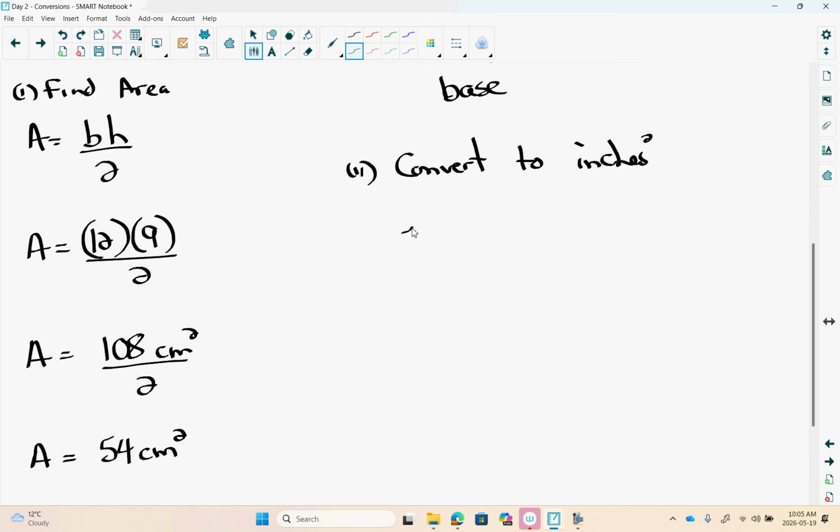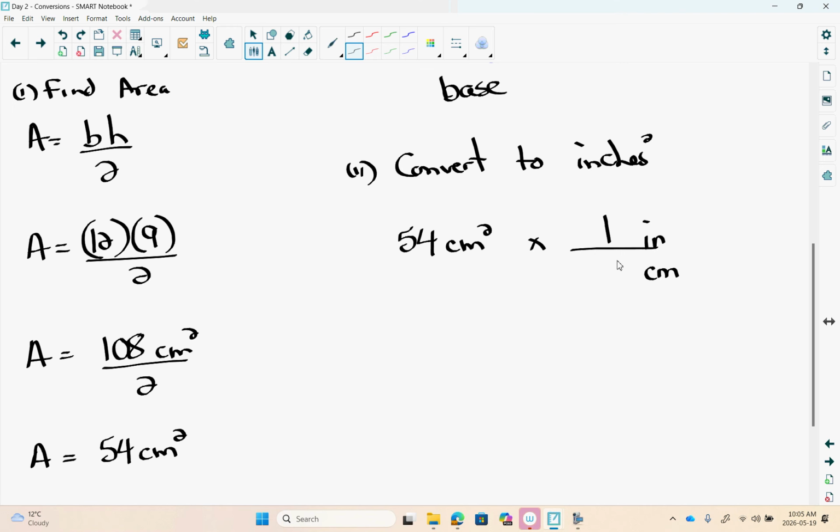When I do this, I have to go 54, that's what I have, centimeters squared. My conversion factor is, I want to go from centimeters to inches. I want inches. So let's look at the sheet for that one.